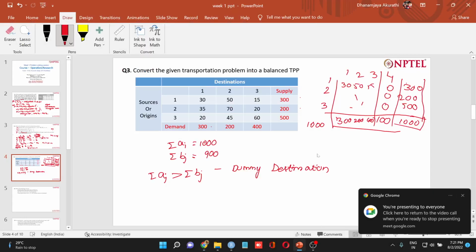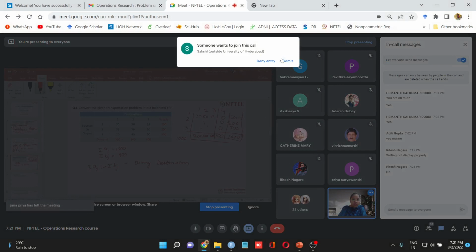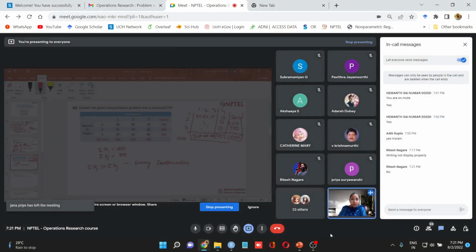Do we have to add a dummy destination or a dummy source when the overall demand is more? Let me know or type in the chat box. If you understood or not, how can I know? Please respond.